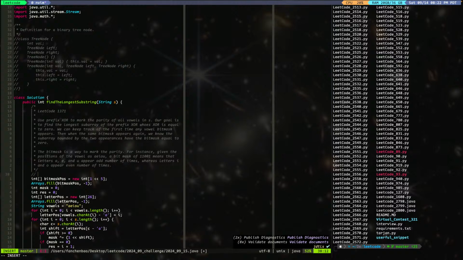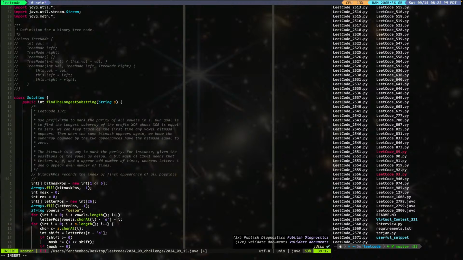So this bitmask positions records the index of first appearance of all possible vowel bitmasks.